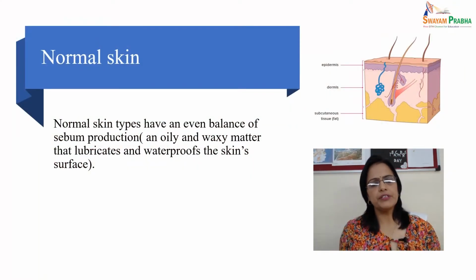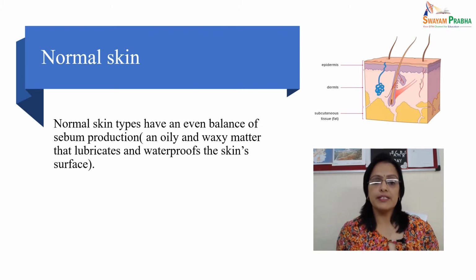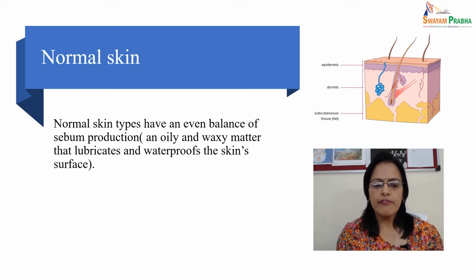First let me tell you, dear students, what normal skin is. The term normal skin is used to describe skin that is well balanced, meaning it is not too oily or too dry. The balance between oily and dry skin is considered normal skin. Generally, normal skin types have an even balance of sebum production.